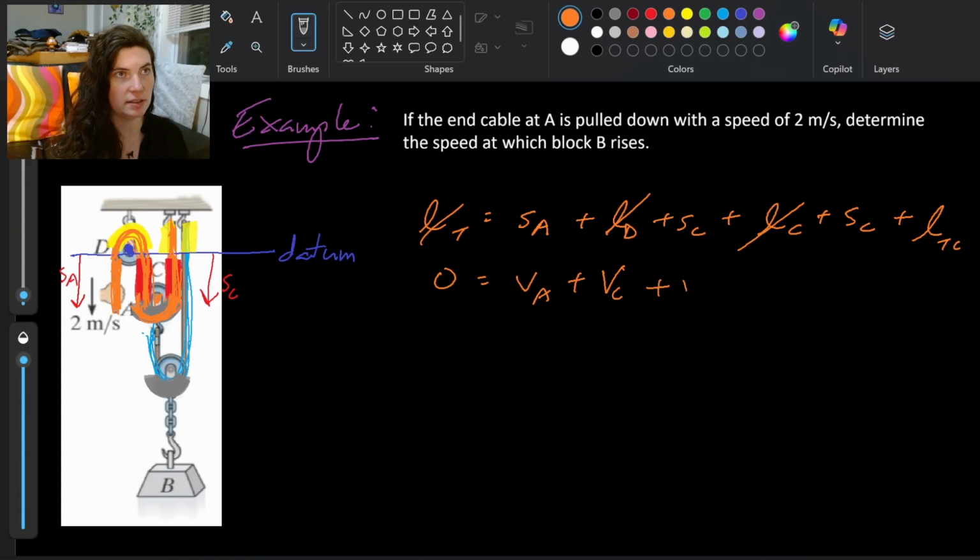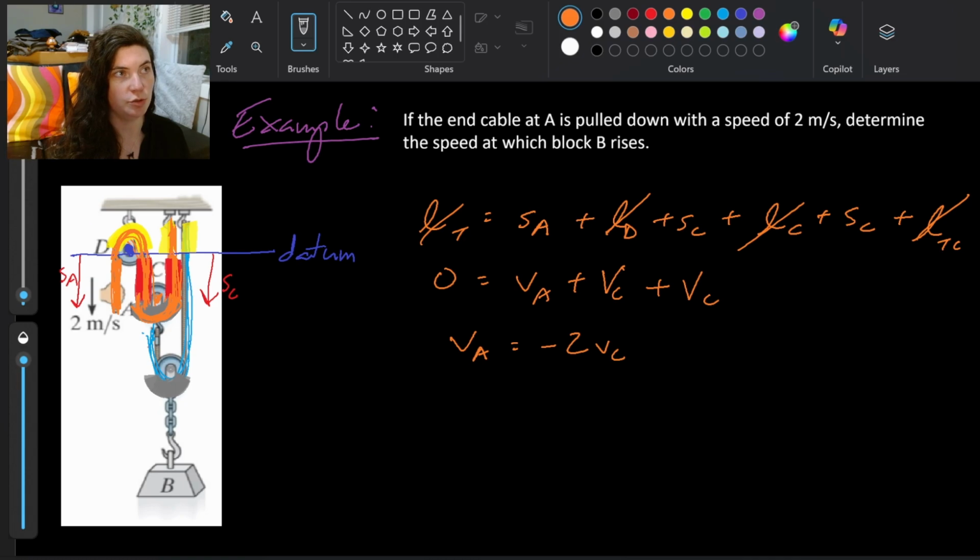This SC becomes VC. And that's a constant length, so it goes to 0. So what we end up with is this relationship: VA equals -2 VC.